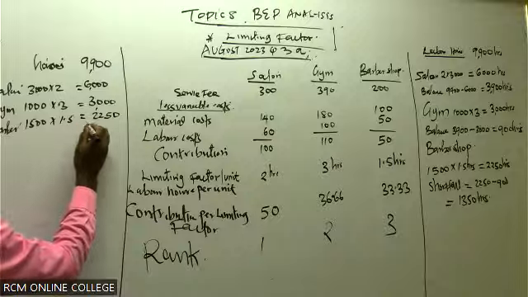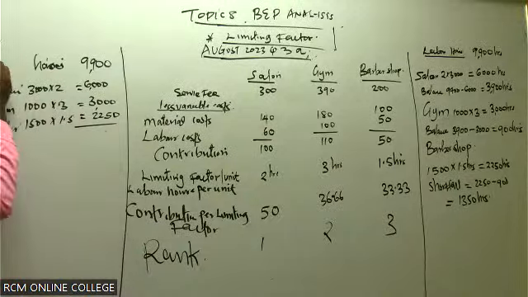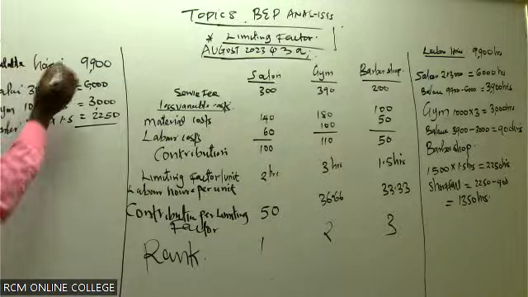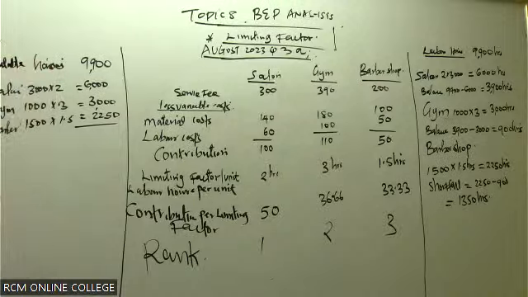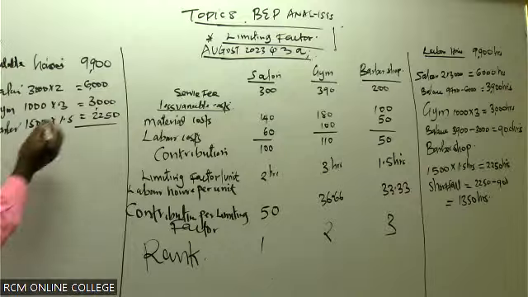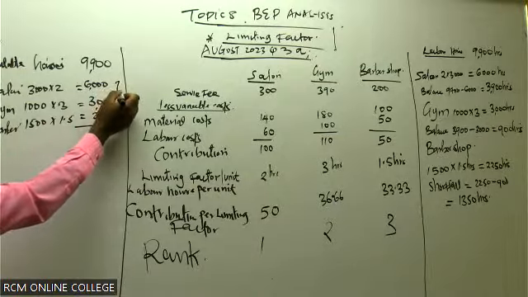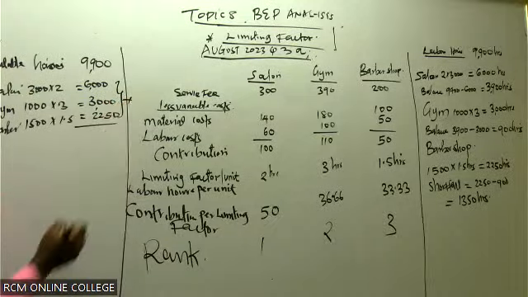So the total hours available, then we have hours needed. The hours needed, we basically add these ones here. Ukiongeza utakuwa na ngapi total?